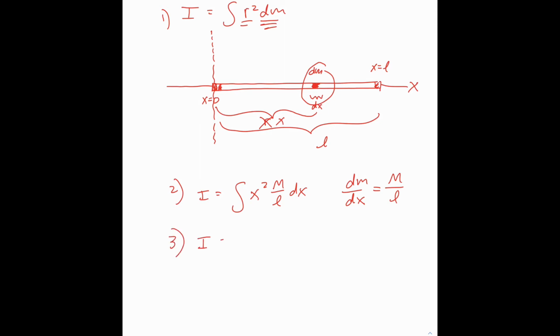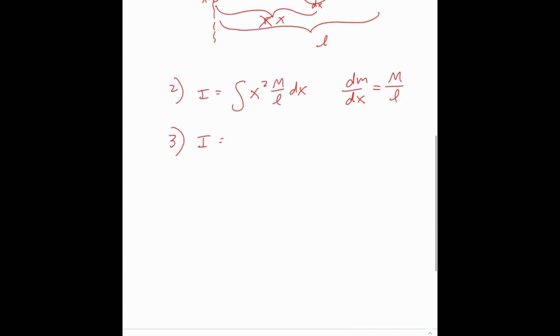So in the next step of our derivation, m over L is treated as constant and comes out of the integral sign. We add our limits of integration, and this time instead of going from negative L over 2 to positive L over 2, we're going to go from 0 to L. And then we're left with the integral of x squared dx, which comes out to 1/3 x cubed.